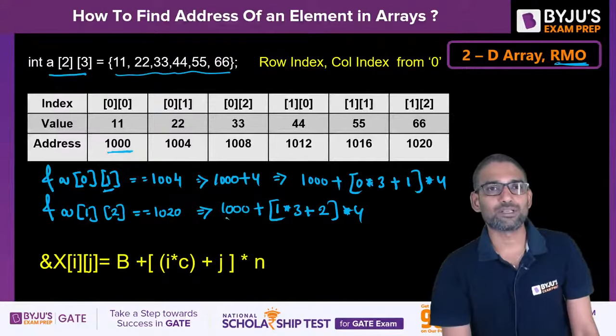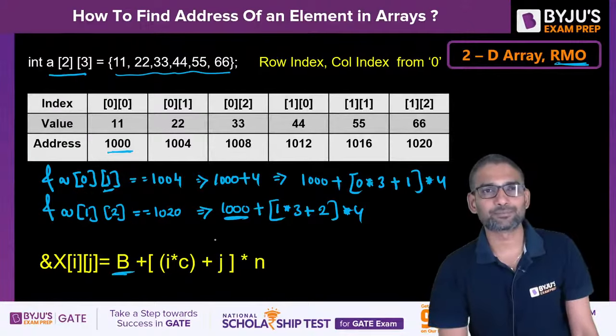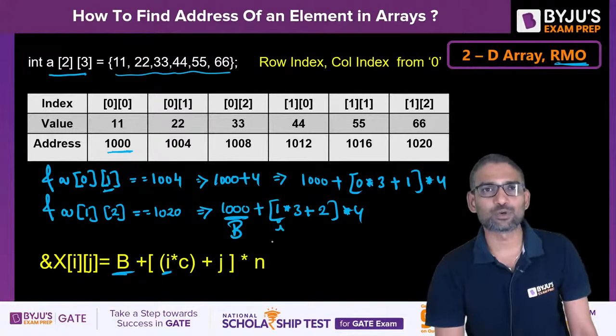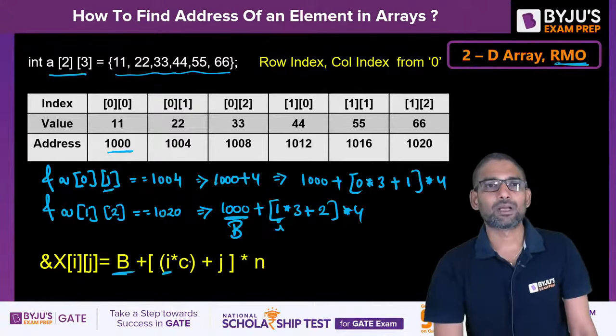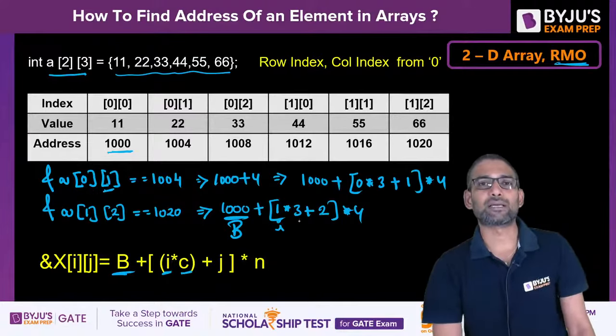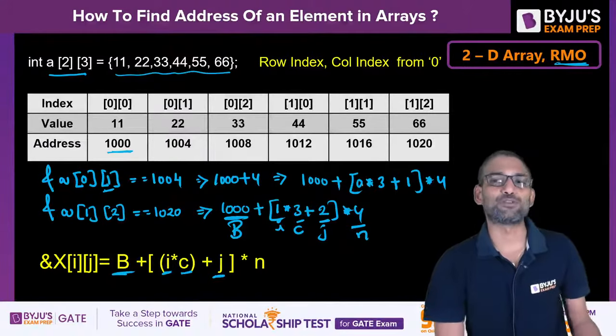B, which is the base address, plus I, which is the row index, into C, number of columns, plus J, column index, whole multiplied by N, size of each element.